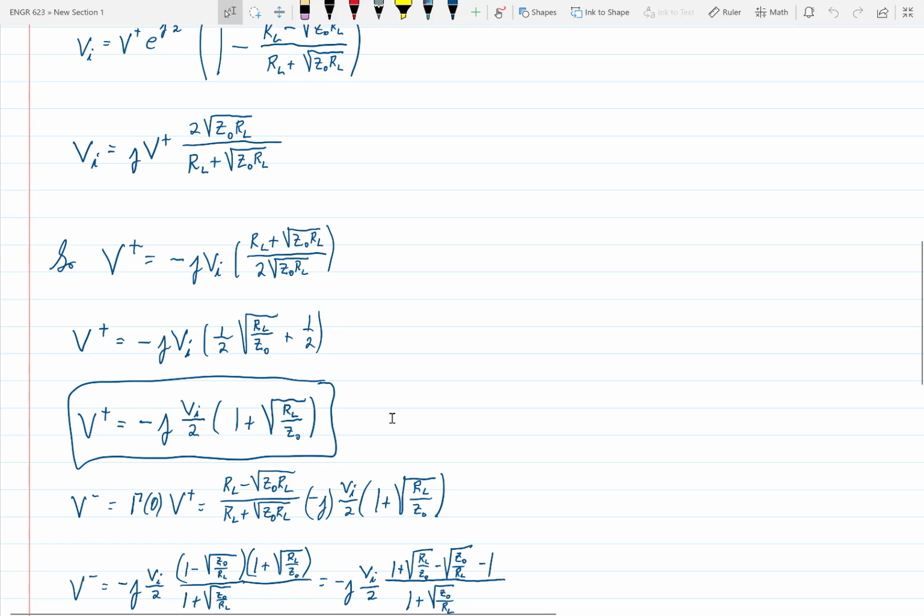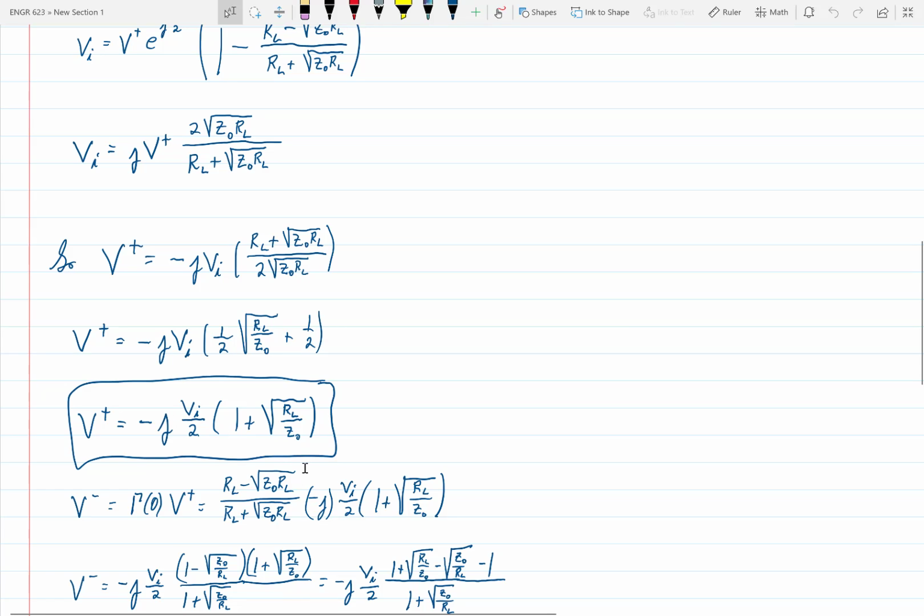However, to get V minus, remember that V minus is gamma of 0 times V plus, and so we substitute what we had previously for gamma of 0, which is RL minus square root of Z naught RL over RL plus square root of Z naught RL.